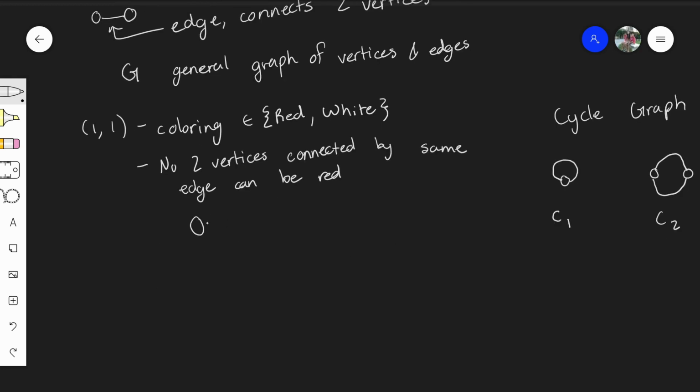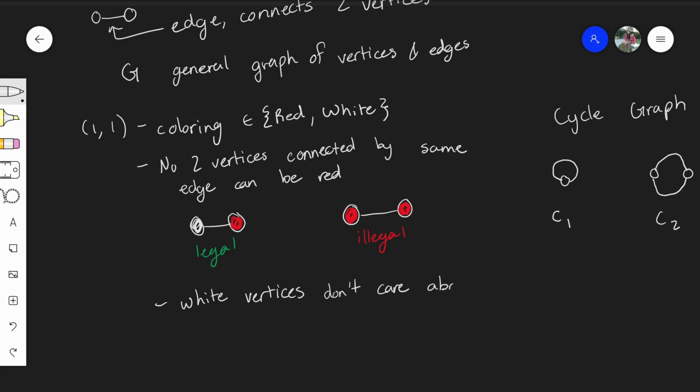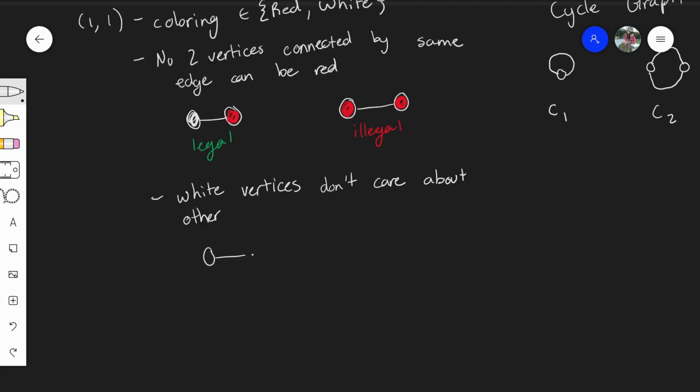If I had two connected vertices like so, one of them could be white and the other could be red. However, it is illegal if both vertices are the color red. White vertices can be connected to any other vertex, no matter what color. They can almost be described as a sort of wild card color. Could be connected to white.